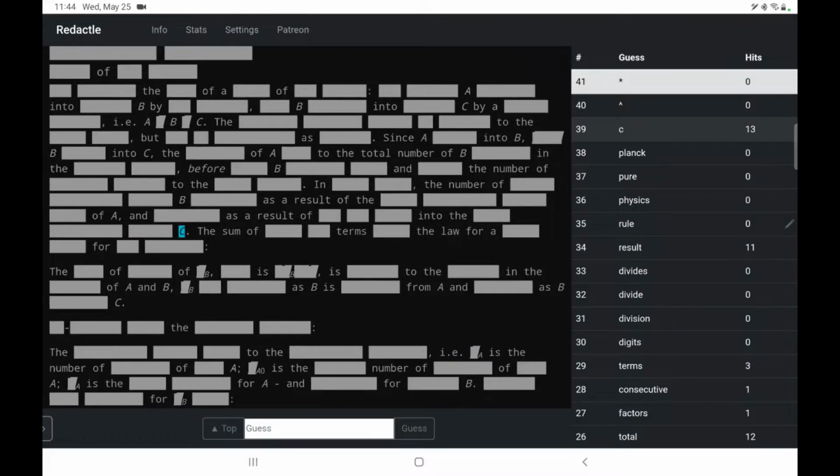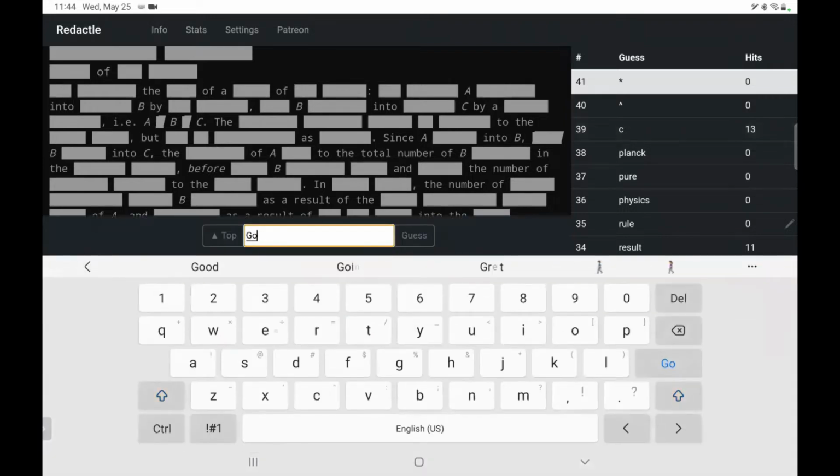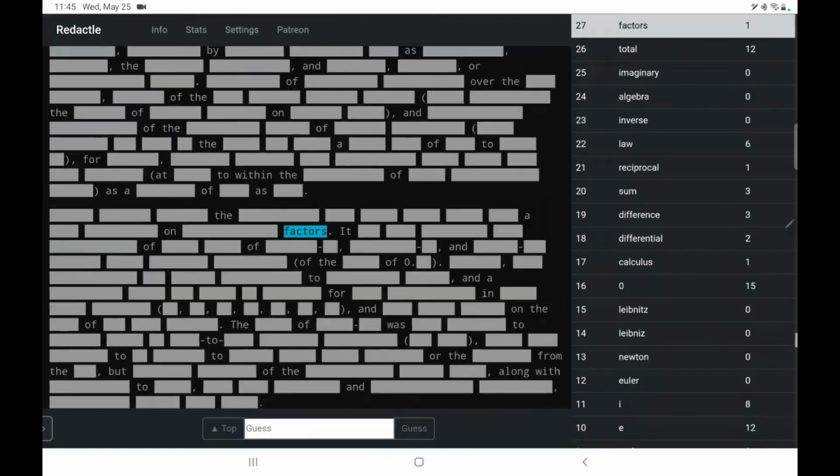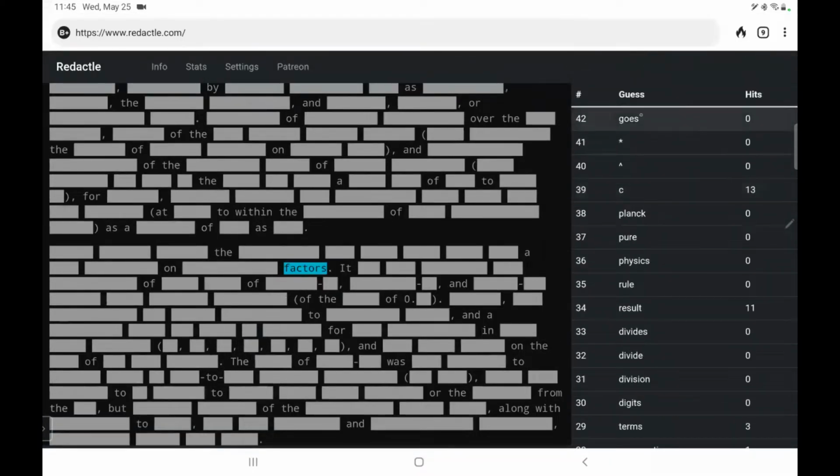Since A something into B, so it's not divides, goes. No, since A factors, well, there's one occurrence on something factors. Oh, sorry, we did that already.